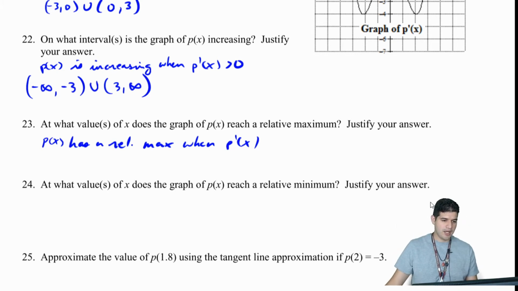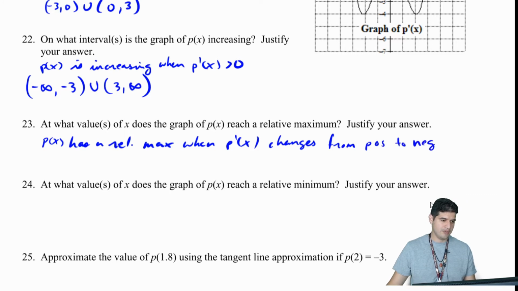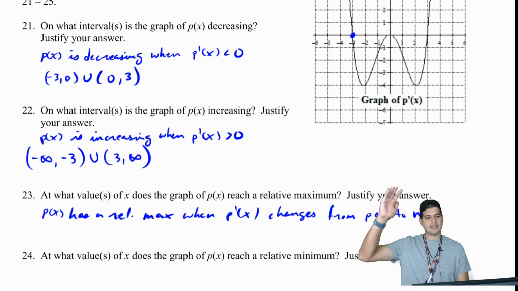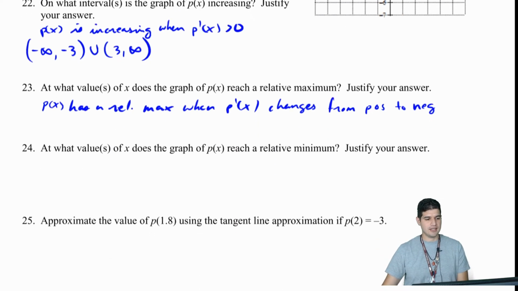Where is that happening? If I go up to my graph, it's changing from positive to negative at this point. It's going from above the x-axis to below the x-axis, so at x equals -3.